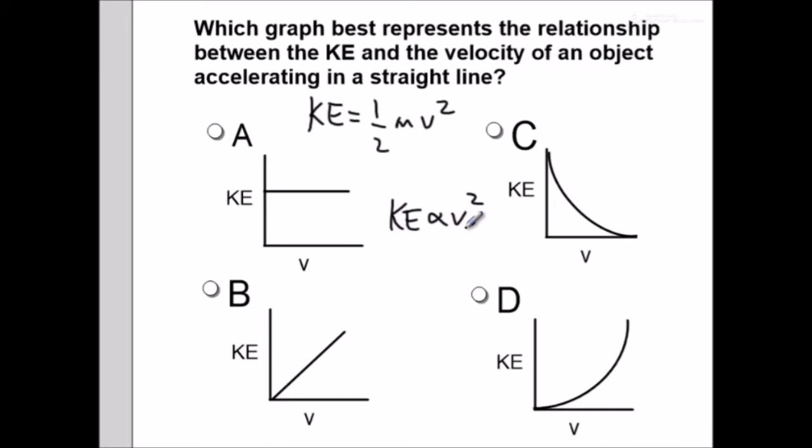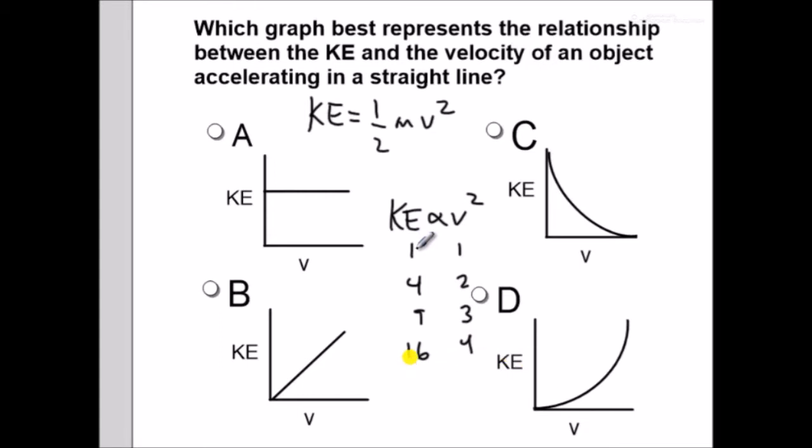Now as the velocity becomes 1 time, what will be the change in the kinetic energy? It will become 1 time only. As the velocity gets twice, what will be the change in the kinetic energy? It becomes 4 times. As velocity becomes 3 times, the kinetic energy will become 9 times. As the velocity becomes 4 times, my kinetic energy becomes 16 times.